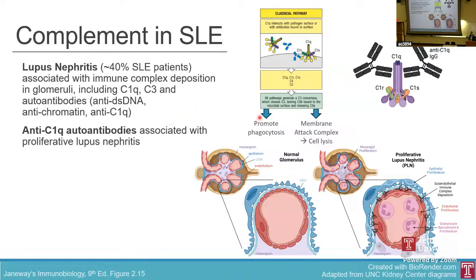One of the things that can happen with lupus nephritis is a buildup of immune complexes. These immune complexes are composed of complement proteins like C1q or C3, as well as autoantibodies against C1q or even autoantibodies against nuclear antigens. This can also be involved in other inflammatory responses and eventually tissue damage in the kidneys.